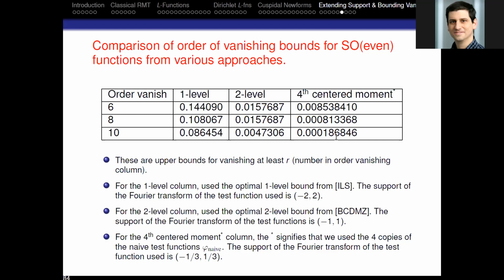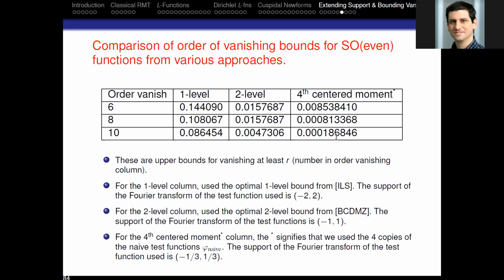If you use the 1-level density, you get your bound of 0.14, the 2-level 0.015, and the 4-level 0.0085. For the 8 and the 10, you can see it's even better. And so the point of this is to just show you how powerful these results are, that the larger support that we can get, coupled with the higher moments, gives us better and better estimates for how often we have order vanishing to a given level or higher.